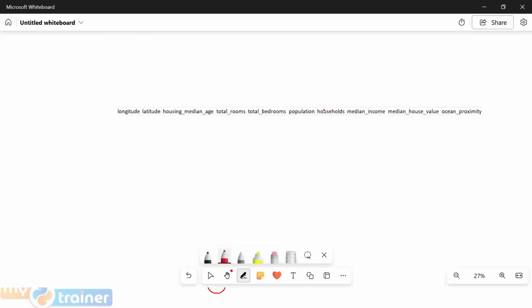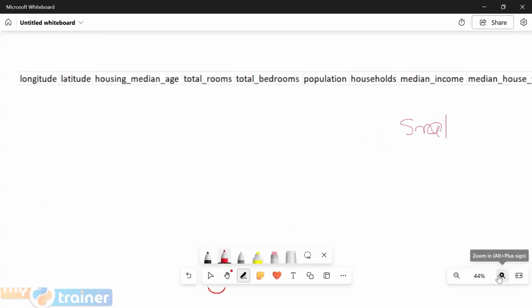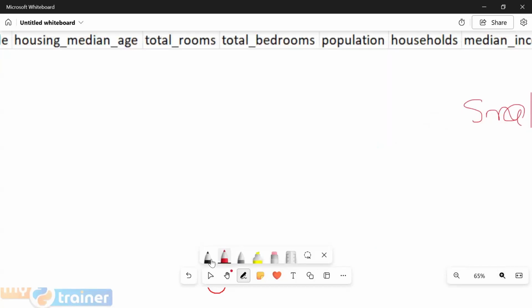Let us say I have a very small amount of data. Generally, a machine learning model needs millions, at least half a million, 1 million, 1.5 million of data to train my models properly.